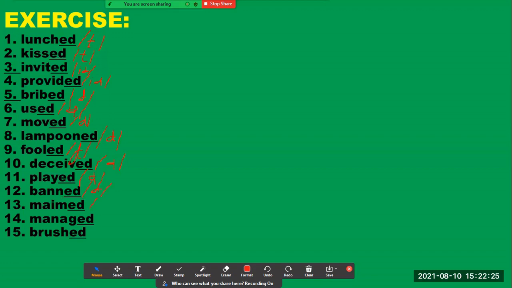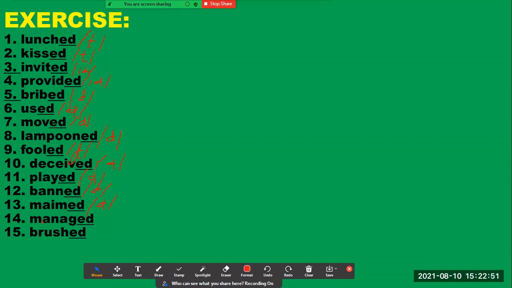Maimed is also D, maimed, because M is a voiced sound. It is a bilabial nasal, which is voiced, and all the nasal sounds are voiced.